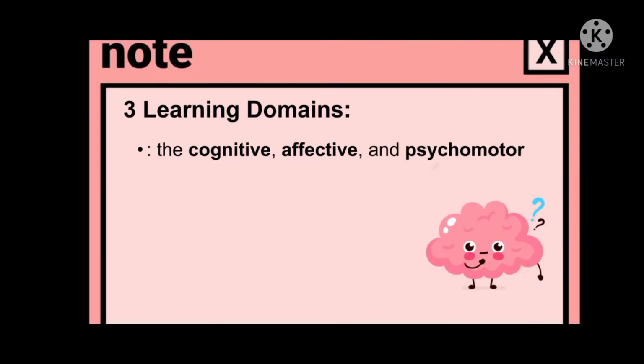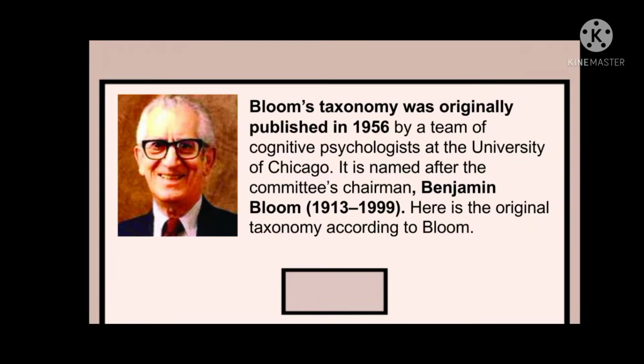It also comprises three learning domains: the cognitive, affective, and psychomotor, and assigns to each of these domains a hierarchy that corresponds to different levels of learning. Bloom's taxonomy was originally published in 1956 by a team of cognitive psychologists at the University of Chicago.